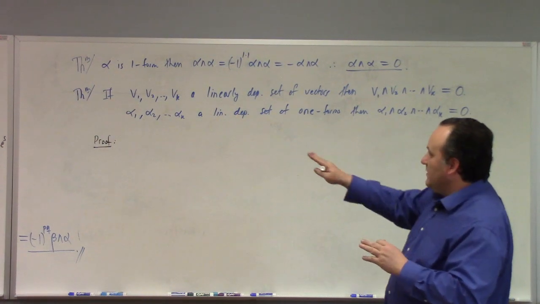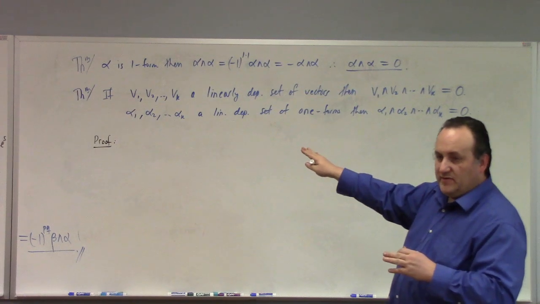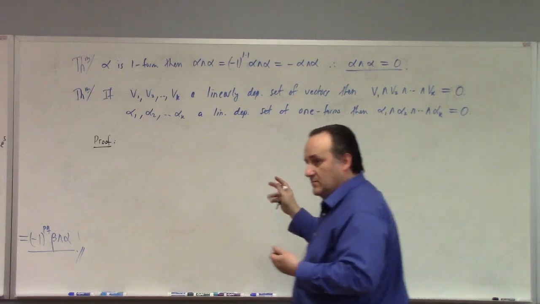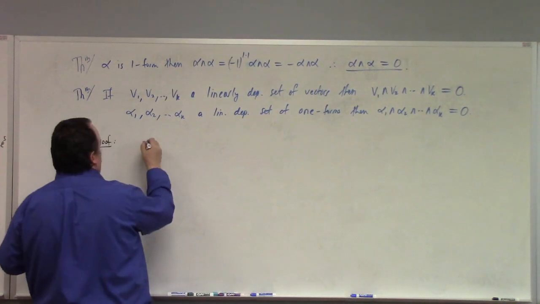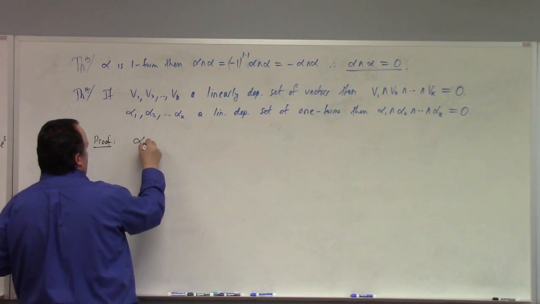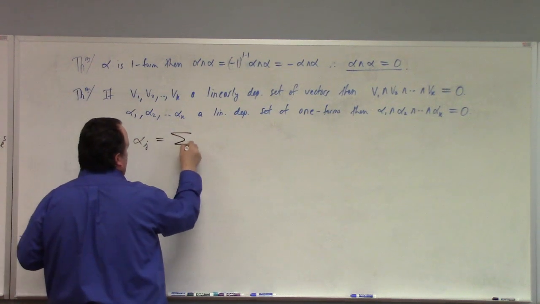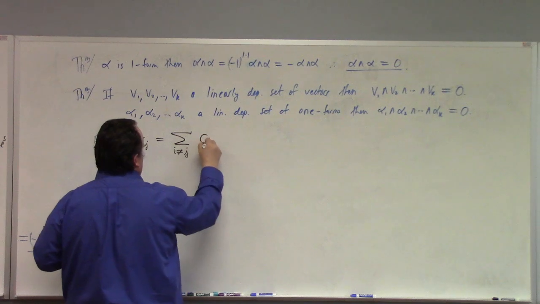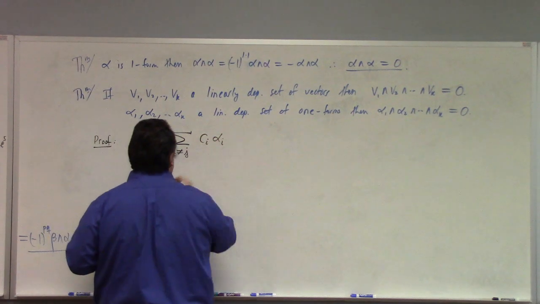But so here, if it's a linearly dependent set of forms, that means that we can write one of them as a linear combination of the rest, right? So we can say alpha j is equal to a sum, i not equal to j, of ci alpha i, right?